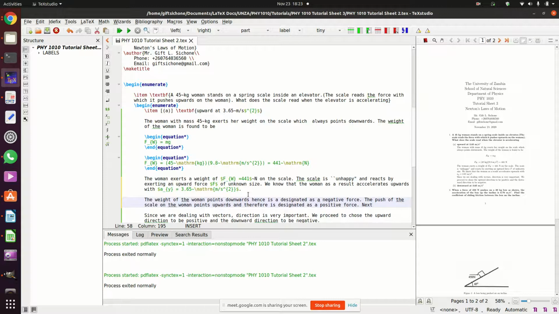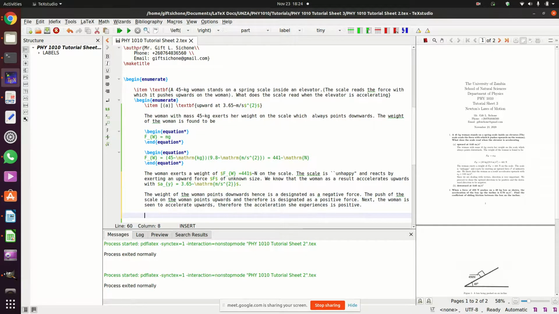Next, the woman is seen to accelerate upwards, therefore the acceleration she experiences is positive.